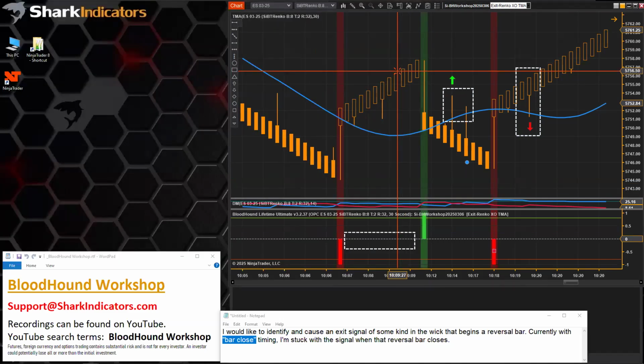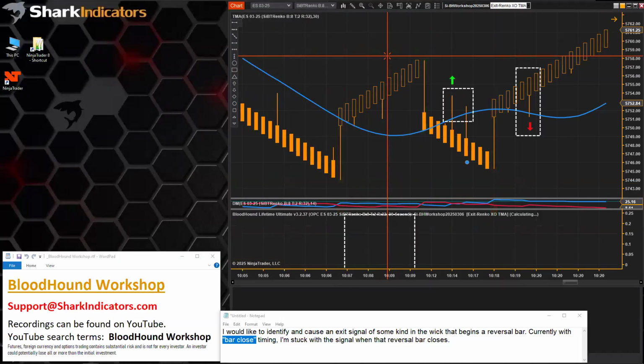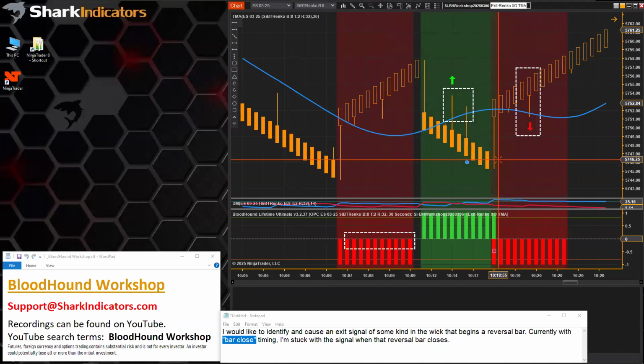But we just hit a 5. There we go. So now we have this short reversal signal extending out for however many bars you think you need to nullify these wick signals here.